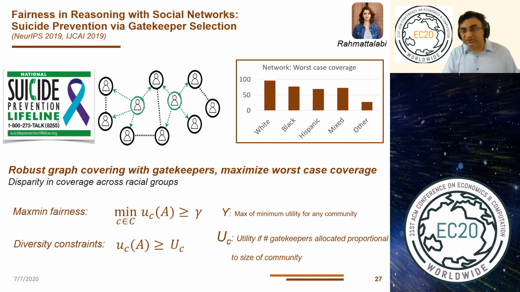One standard approach is a max-min fairness approach that we report, incorporating that within this challenge for NeurIPS 2019. Another is diversity constraint. So this is the idea borrowed from cooperative game theory, where idea is that each group should be able to get as much coverage as they would if they were to separate out from the community and get number of gatekeepers proportional to the size of that community.